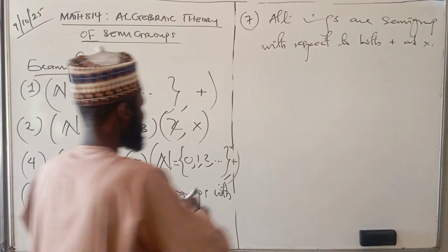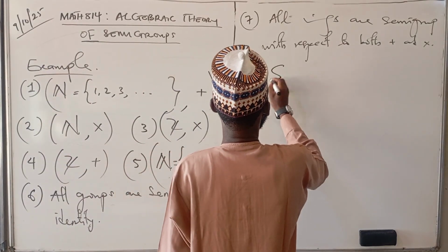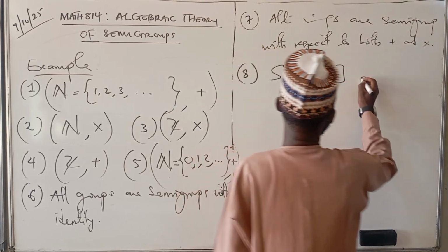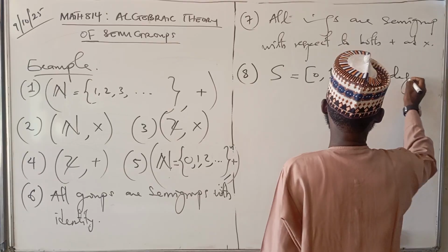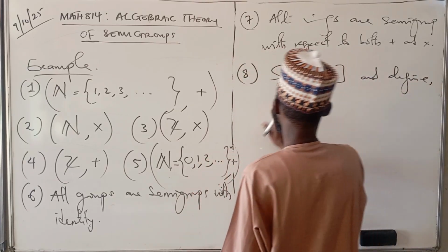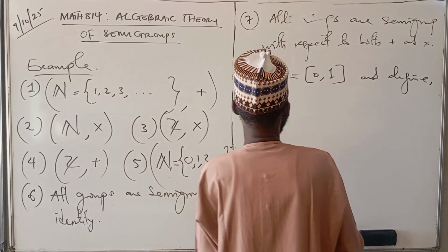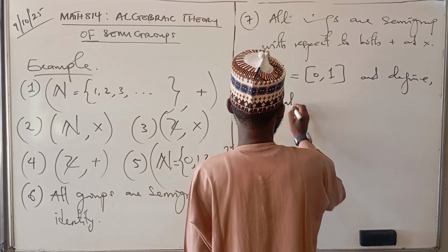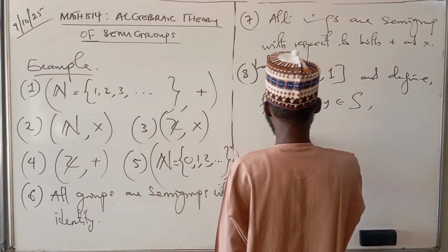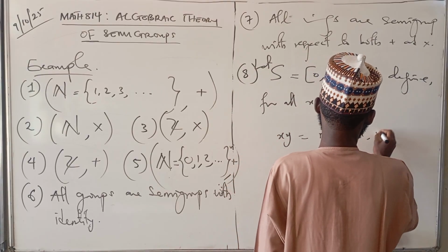Number 8, we can take S to be the closed bounded interval [0, 1] and define for all x, y in S multiplication by the minimum of x and y.